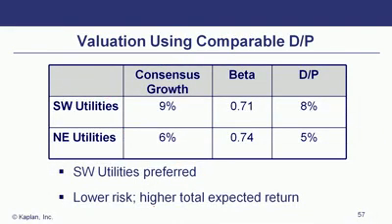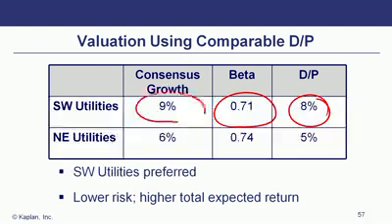So, valuation using comparables. What we're seeing here is that the dividend yield is 8%. We want a high dividend yield. And what about beta? Beta, remember, is a measure of risk in terms of the market. We want a low beta, right? So SW Utilities is looking pretty good. And in fact, its growth rate is higher. So it's winning on all fronts.